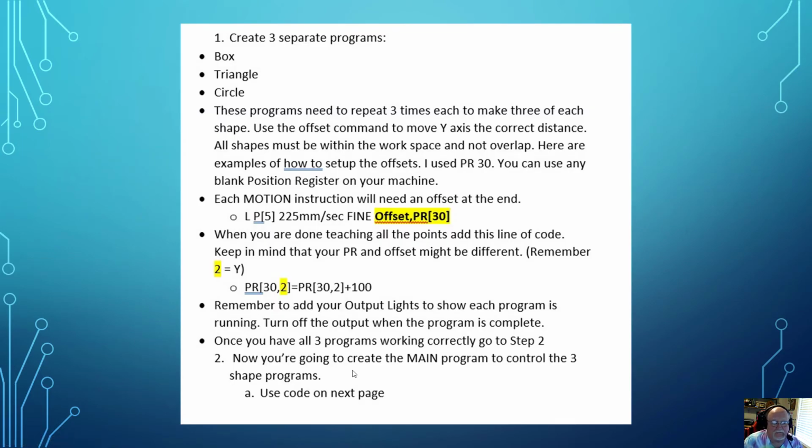I've created a page of code that all you've got to do is copy over. Now, there's a catch to that, and I'll explain that in a minute. I'll give you a page of code that will show you how to set up your main program if that's what you choose to do, and you can make a choice on that.